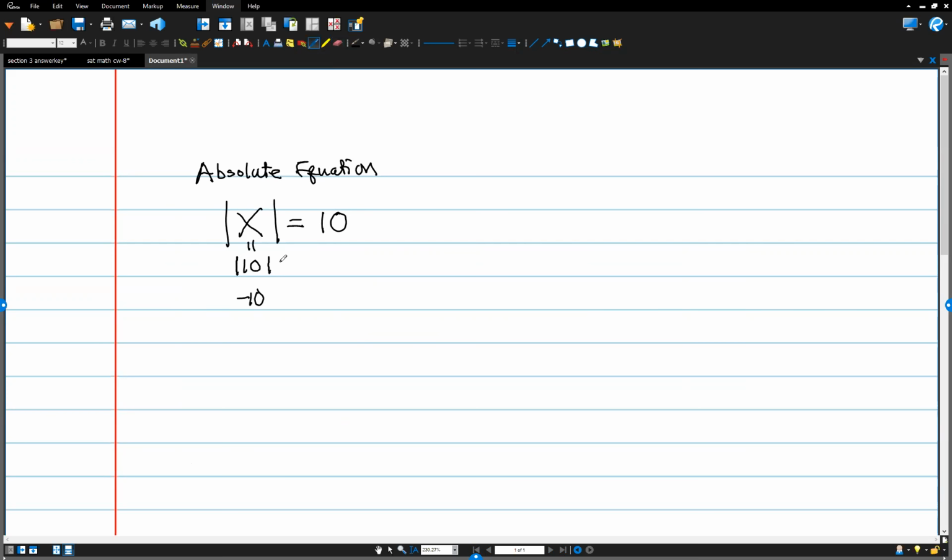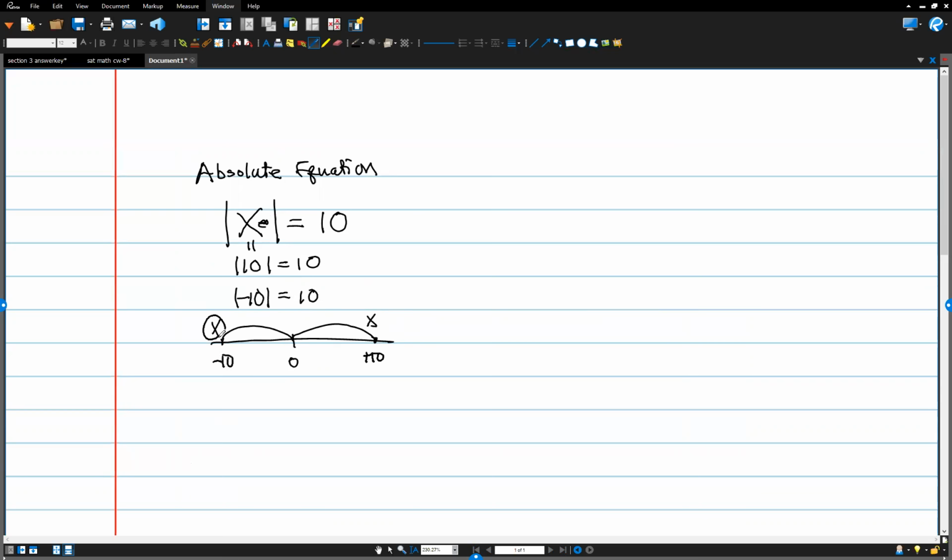The absolute value of 10 is 10. The absolute value of negative 10 can also be 10, because the absolute value means distance. It represents the distance from 0. To the right, x is over here; to the left, x is over here, 10 away. So right is positive 10, left is negative 10.